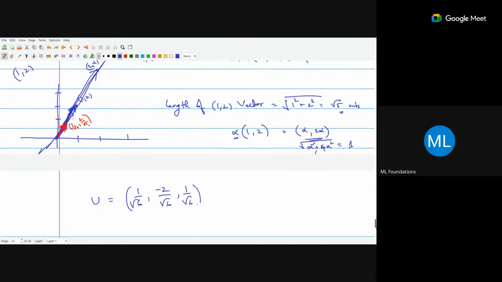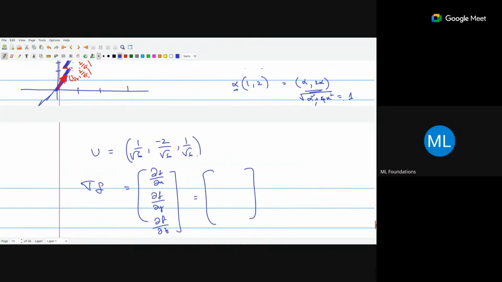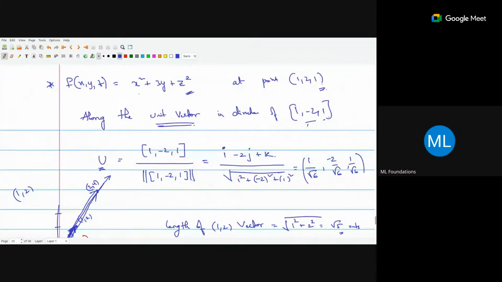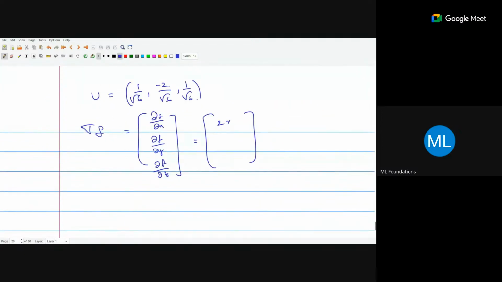And I have to find del f. So del f is again del f by del x, del f by del y, del f by del z. Individually we can compute them. For the given function, del f by del x is 2x, del f by del y is 3, del f by del z is 2z. So this will be 2x, 3, 2z.